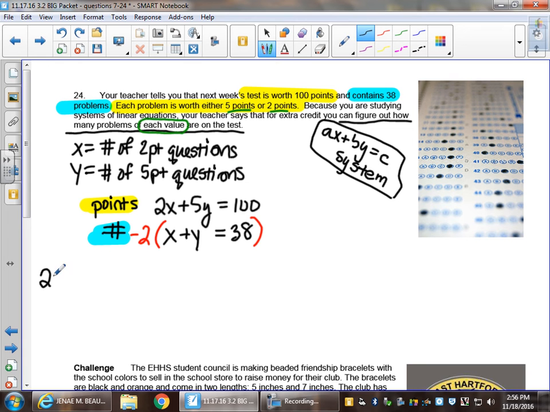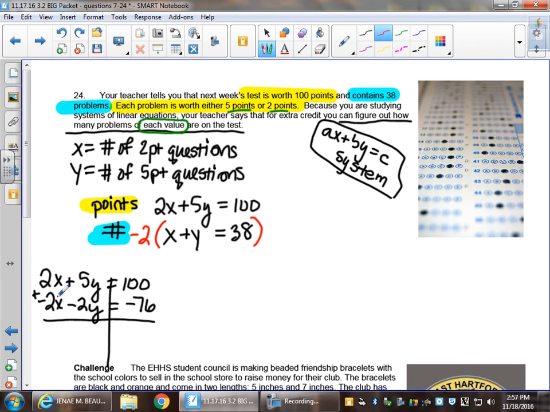My approach with having x cancel, I didn't have to touch the top equation. My bottom equation becomes negative 2x minus 2y equals 38 times negative 2, which is negative 76. I'm ready to linearly combine these.